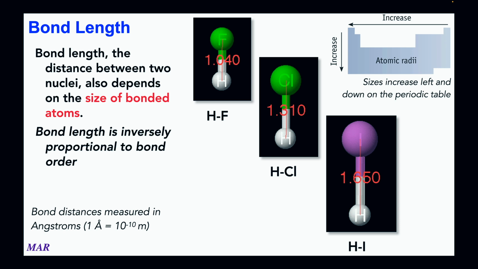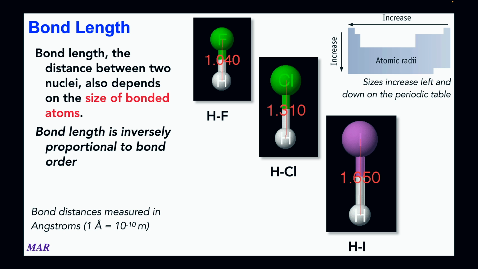And fluorine is on top of chlorine on the periodic table, and chlorine is on top of iodine on the periodic table. So the atom sizes are getting bigger. Fluorine is smaller, chlorine's in the middle, iodine is the biggest one of all.